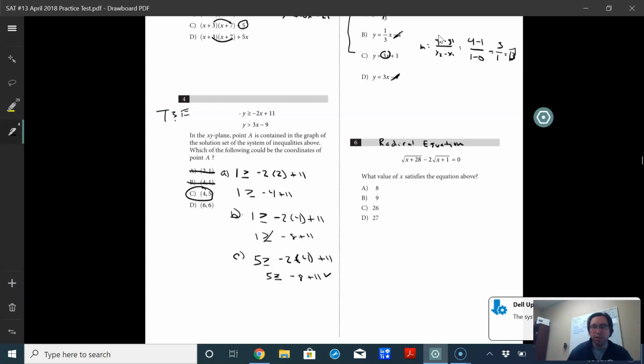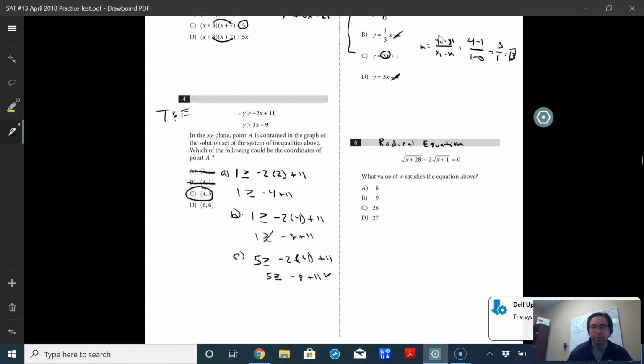Sometimes the best thing to do on these is to take the values that have been given to you and solve them in that way. This one's a little bit more complicated, so we'll take these values and plug them in.